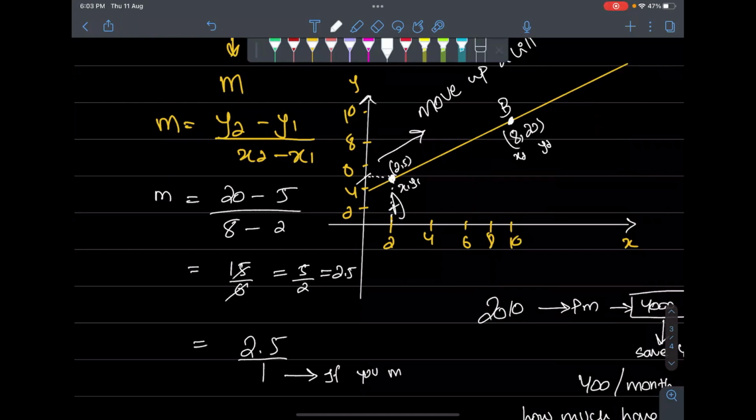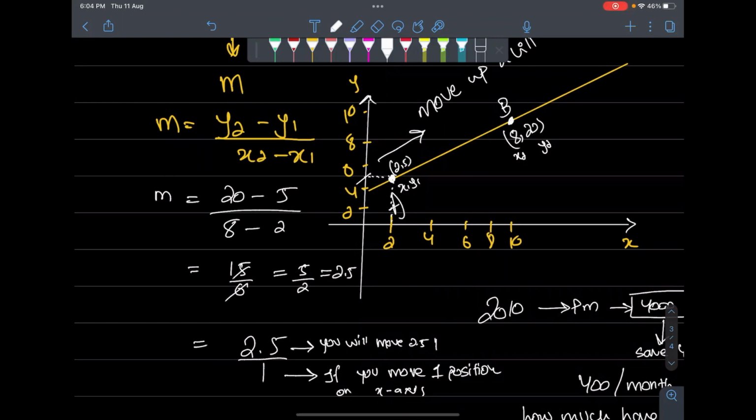If you move one position on the x-axis, for example, I was at 2 and if I move to 3, you will move 2.5 positions up. If I come from this horizontal position 2 to 3, then I will move upward 2.5 times.